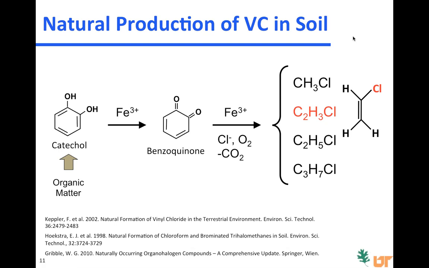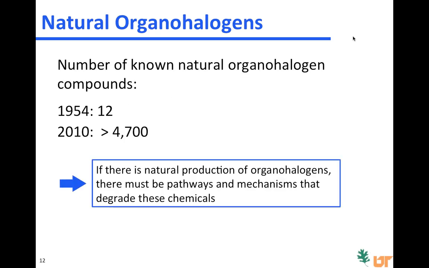Now, of course, the concentrations are very low, but the point is that there are naturally occurring processes that generate chlorinated compounds, some of which are known as priority pollutants.